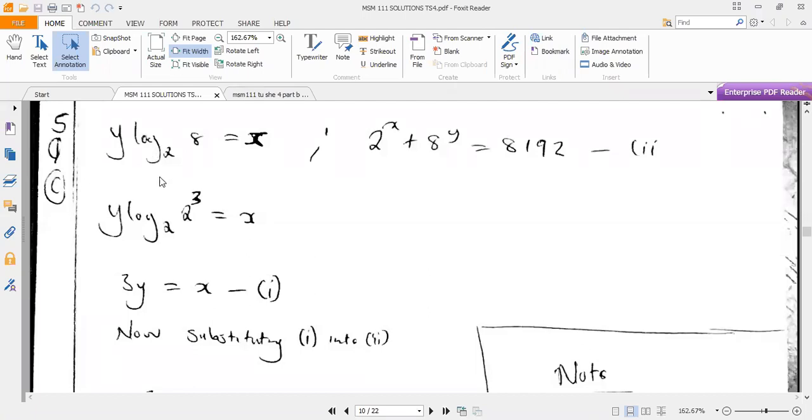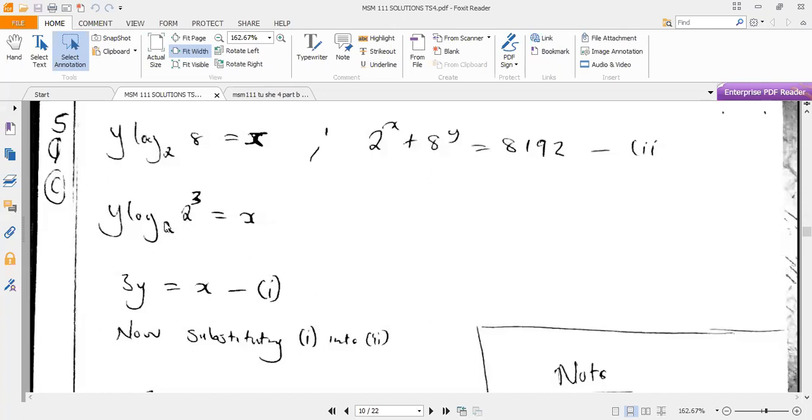Using the log principles, we know that 8 can also be written in the form of 2 to the power 3. So the 3 can drop, and here you remain with log base 2 of 2.